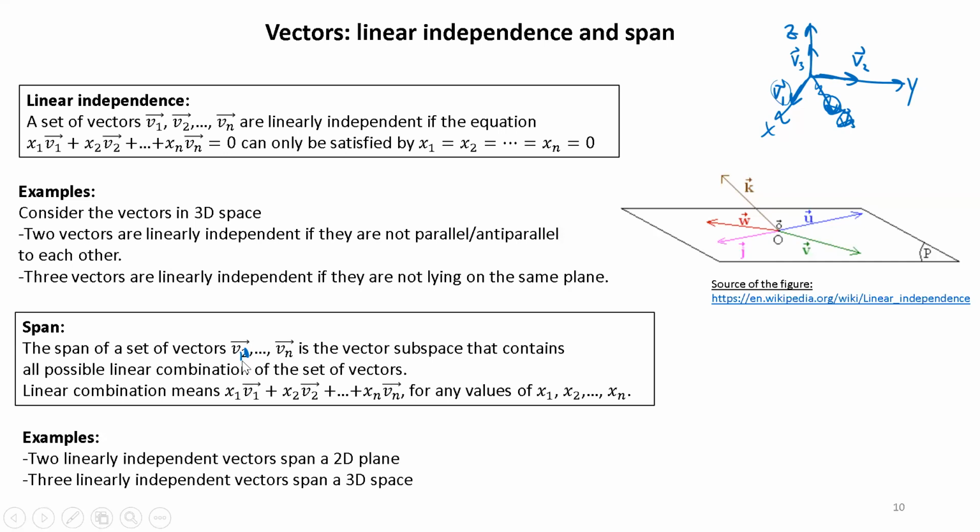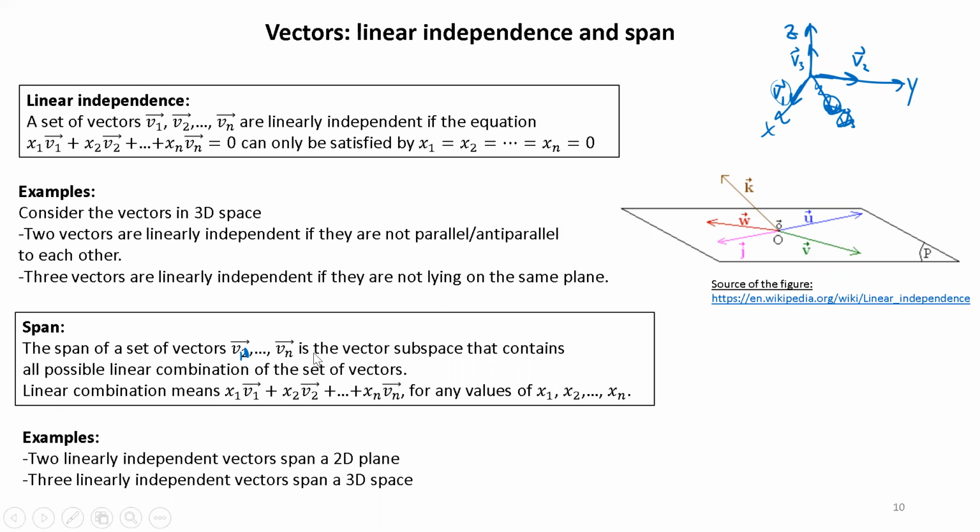What does it mean by linear combination? You take the first vector, multiply by some scalar factor, whatever you like, plus another scalar factor times the other vector, and then add all of them. This is known as the linear combination of all the vectors.